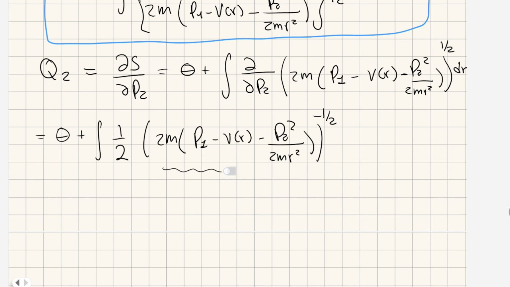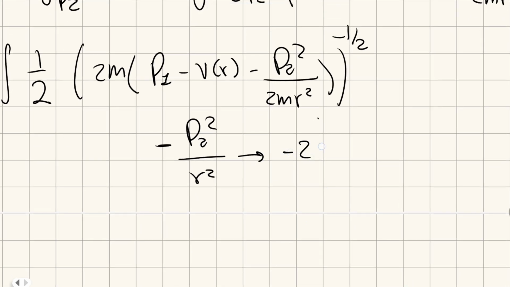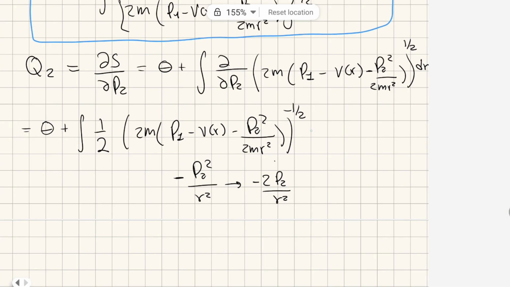But what will that be? Well, if we multiply this 2m with this expression, we are going to get just minus P2 squared divided by R squared. So the derivative with respect to P2 of this is going to take us to minus 2P2 divided by R squared. So that means that we need to multiply here by a factor of minus 2P2 divided by R squared. And then here we have the dr.